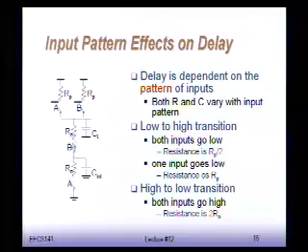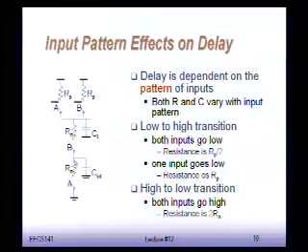So both inputs are high, these 2 switches are closed, and the output is pulled down to ground because these 2 switches are open. These are PMOS transistors, so when the inputs are high, these are off, and these 2 conduct.